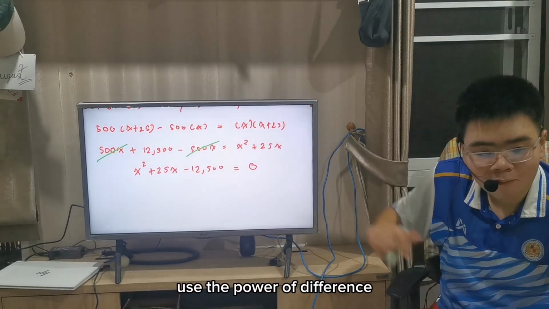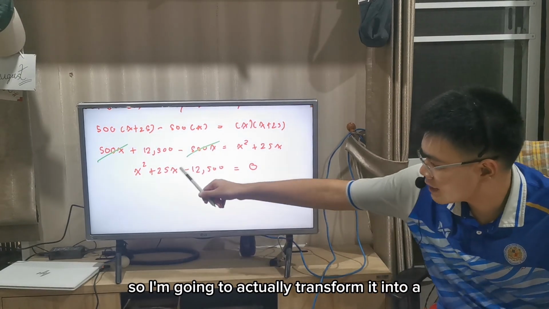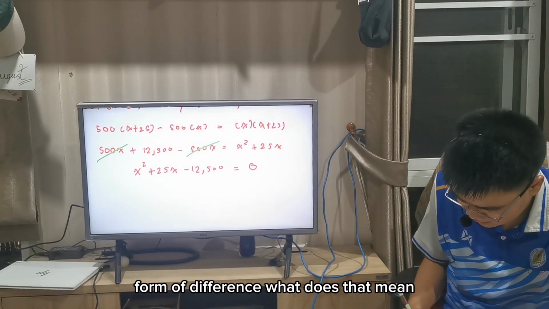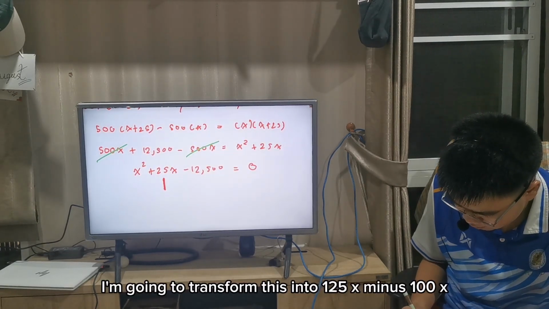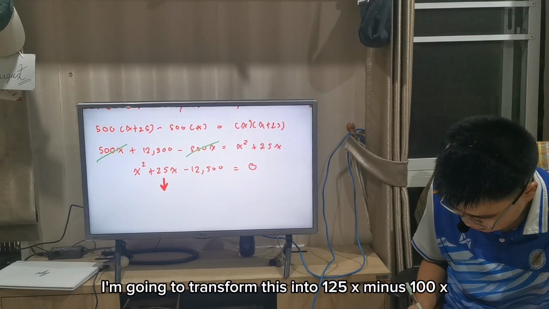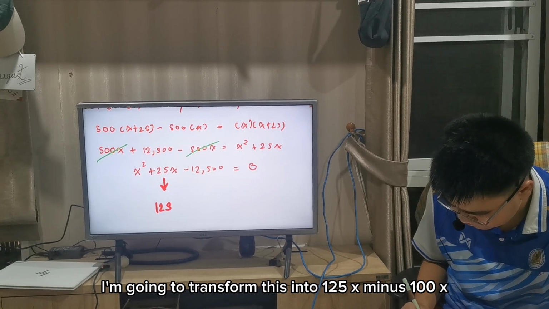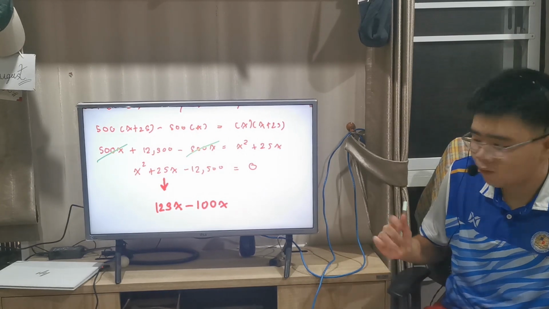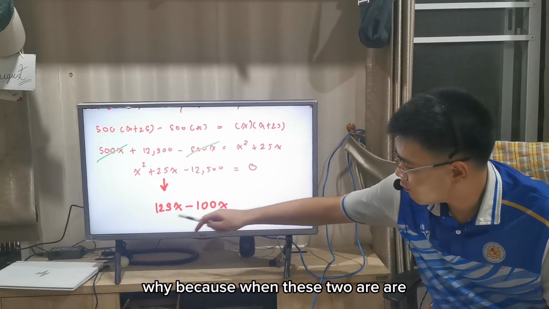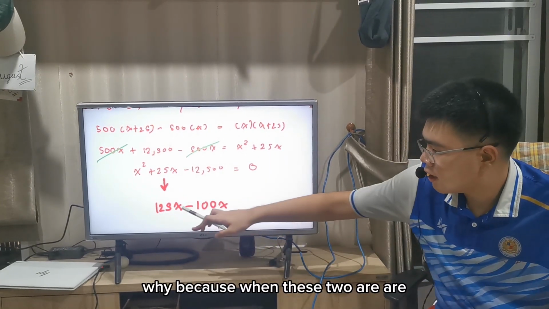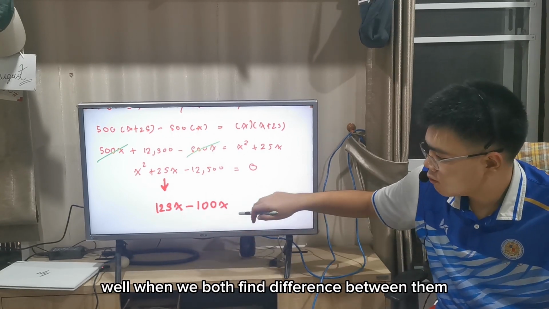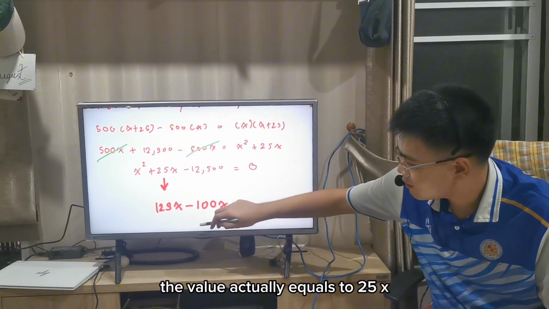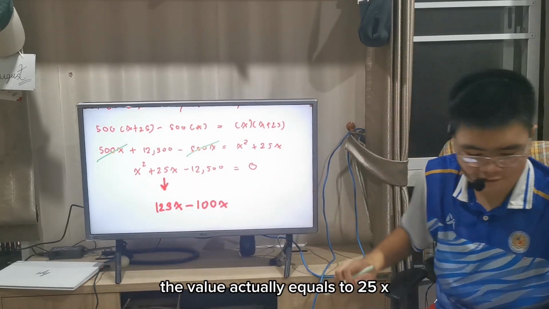use the power of difference. So I'm going to transform it into a form of difference. What does that mean? It basically means that I'm going to transform this into 125x minus 100x. Why? Because when we find the difference between them, the value equals 25x.